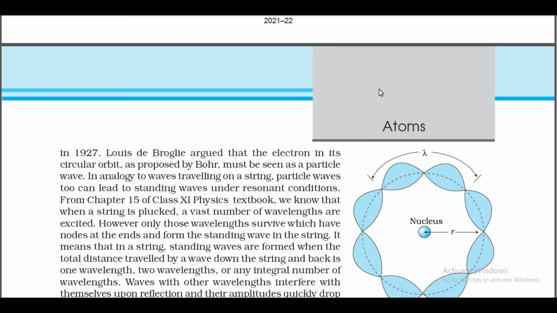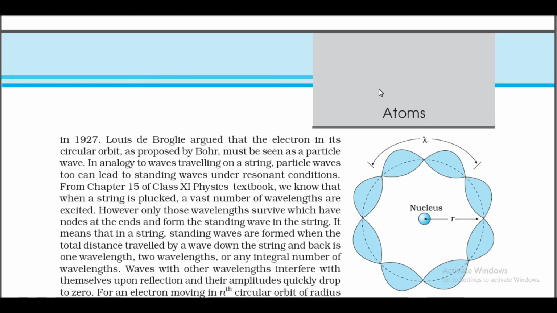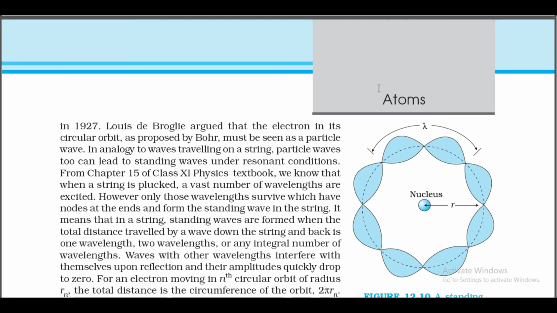It means that in a string, standing waves are formed when the total distance traveled by a wave down the string and back is one wavelength, two wavelengths, or any integral number of wavelengths.